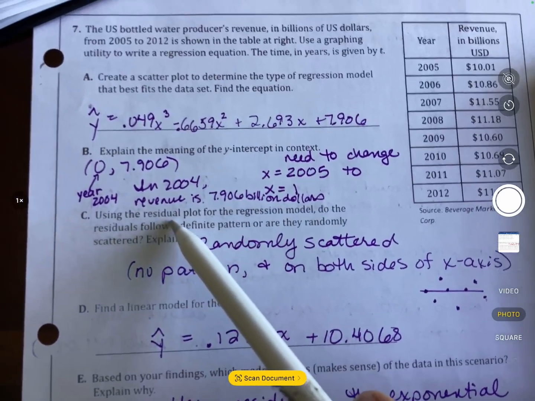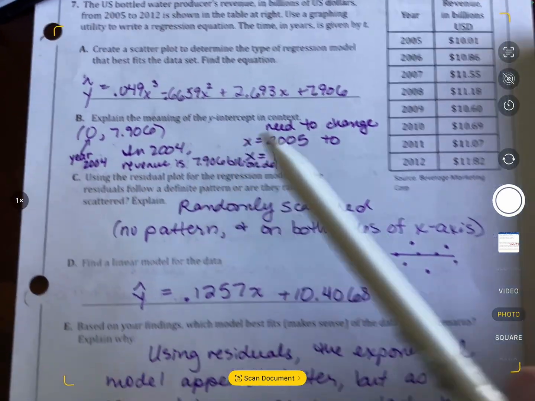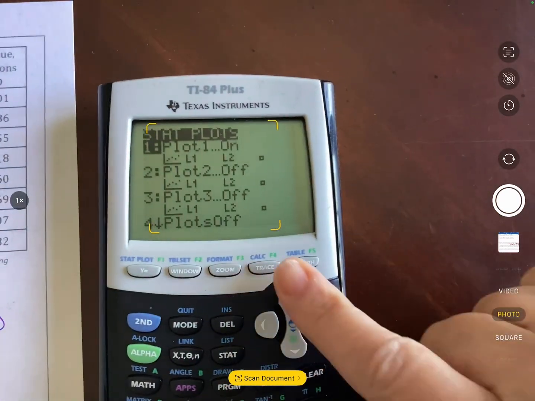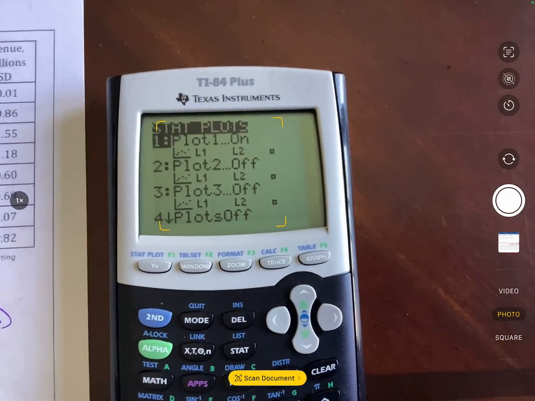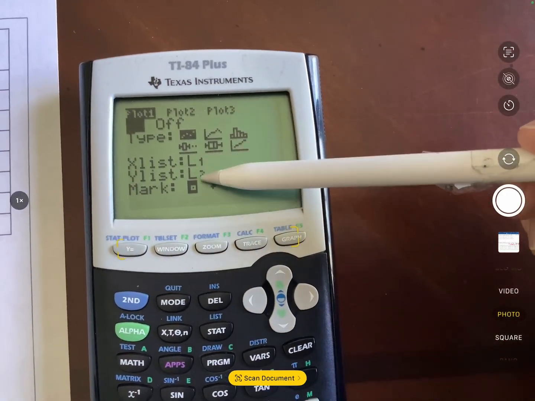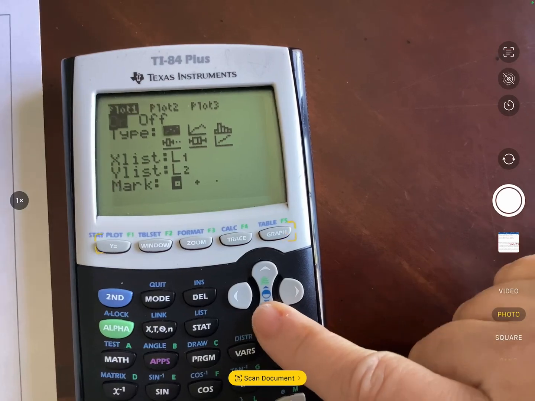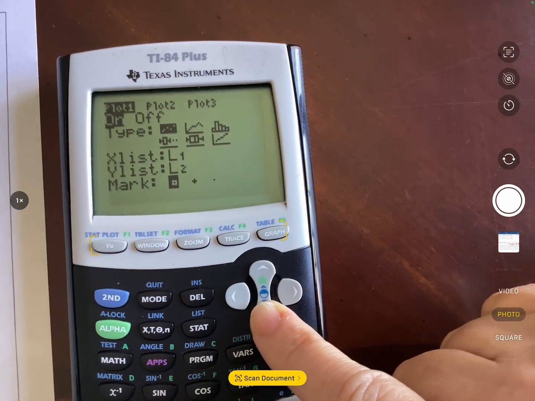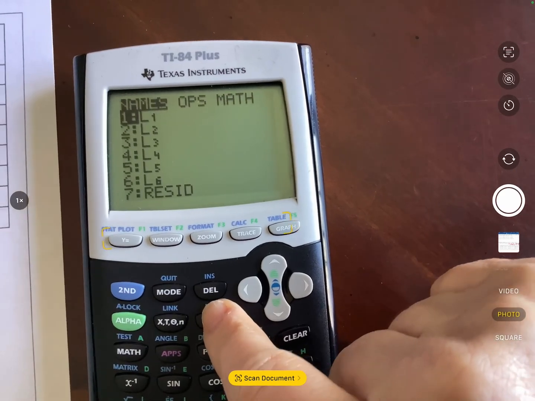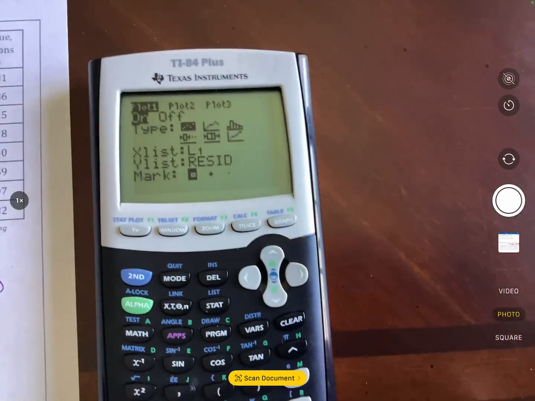And then it says using the residual plot. So let's look at that. Now we're going to go second y equals and hit enter to get into the screen. Instead of using our scatter plot points, I want to see the residuals. So I'm going to do second list option 7.